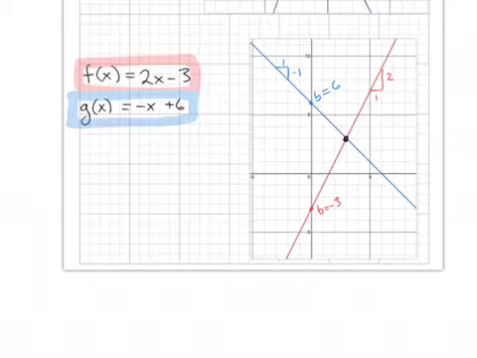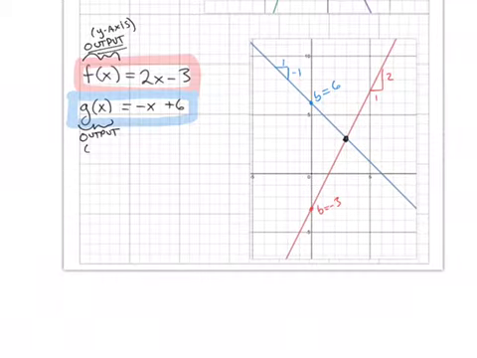But I'm going to use this as an example to make substitution make sense. So f of x is a function, and f of x is the output. The output is represented on the y-axis in our graph. And g of x is a function as well, and its output is g of x, represented also on the y-axis of the graph.